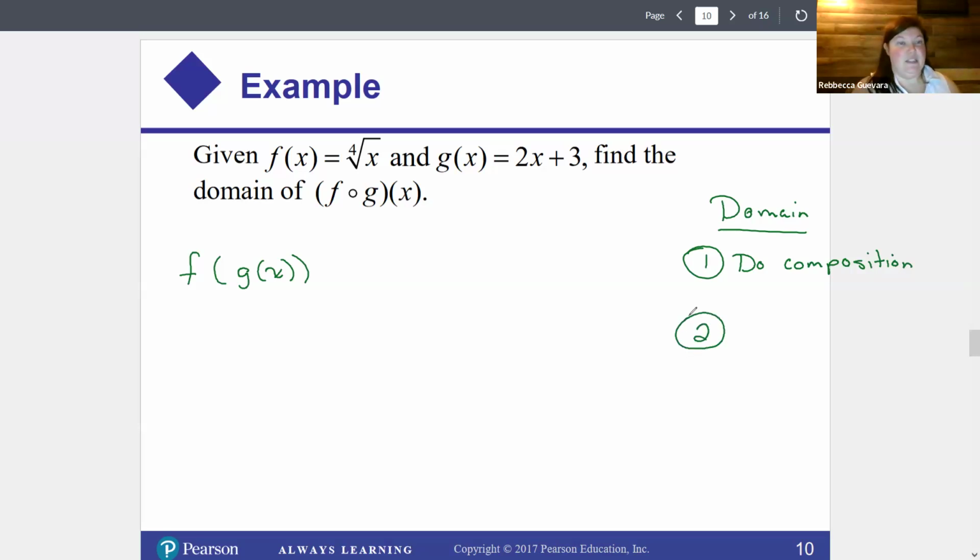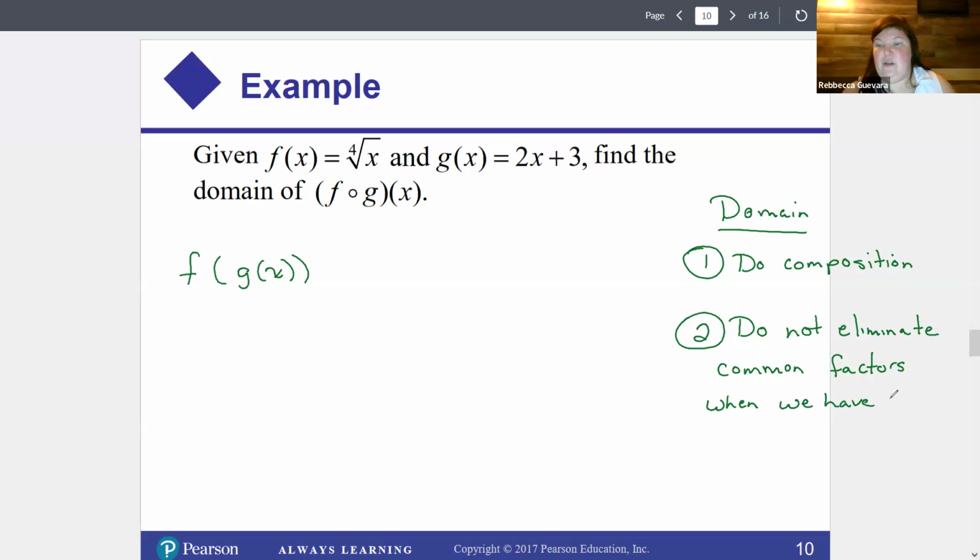If we have something that ends up being rational, we are going to try not to eliminate common factors when we have rational expressions.